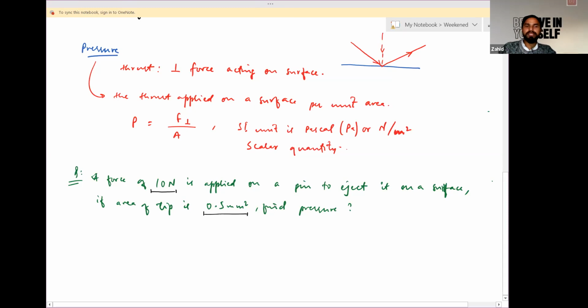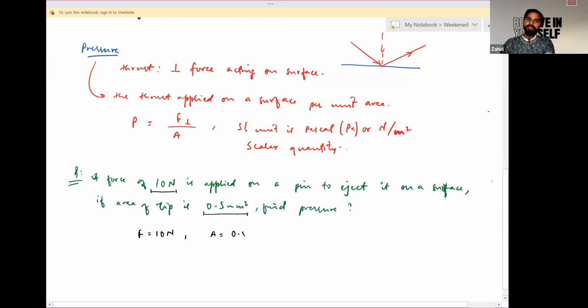Just use the above formula to find it. Force is 10 Newton.